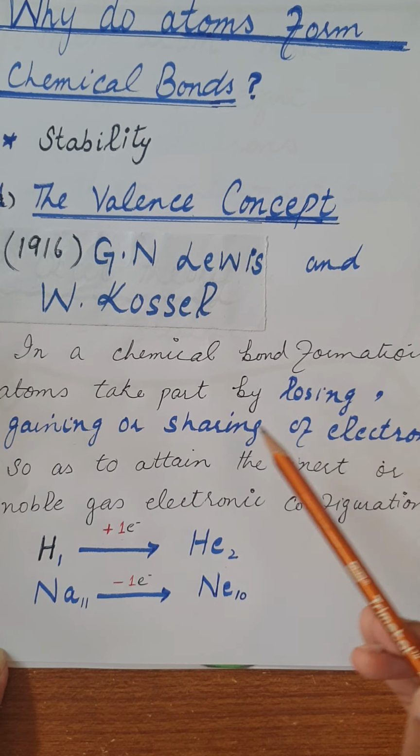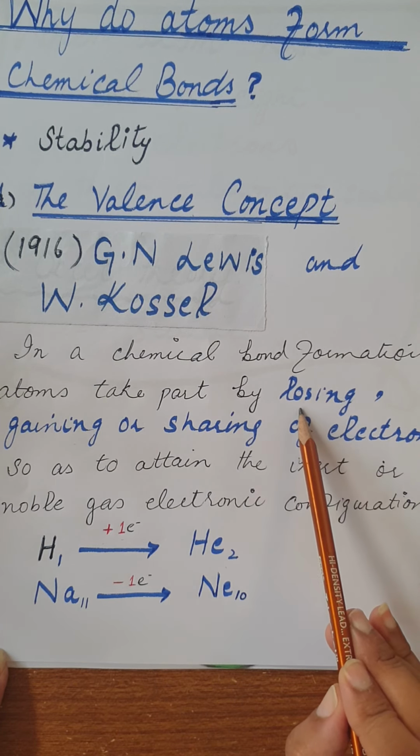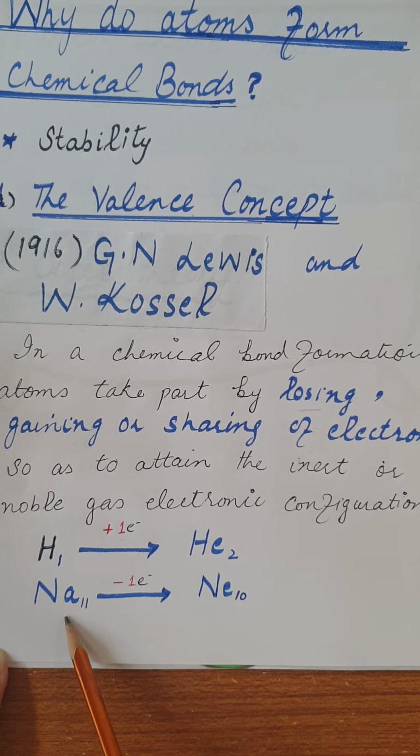Similarly, by losing an electron, an atom can also gain stability. In the case of sodium, the atomic number of sodium is 11. By the loss of 1 electron, the number of electrons of sodium will equal 10, and the atomic number of neon is 10.